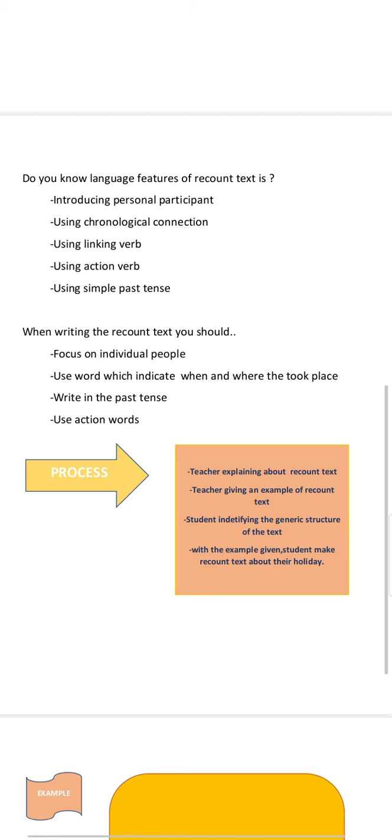So, when you're writing the recount text, you should focus on individual people and then use words which indicate when and where they took place. Next, write in the past tense and also use action words.